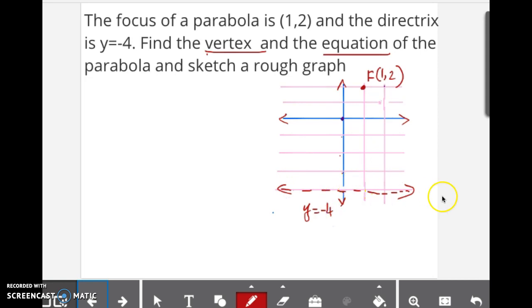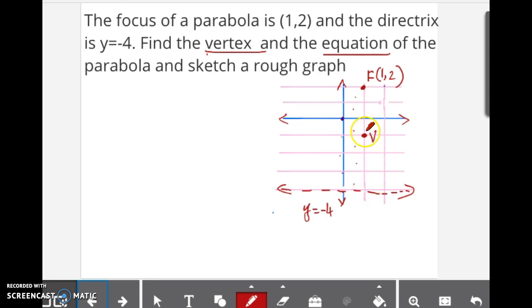So I know that the vertex must be right in the middle. The distance from the vertex to the focus is the same as the distance from the vertex to the directrix. When I count here, I have a total of 1, 2, 3, 4, 5, 6 units between them. So obviously 3 is the center, right there. This distance from the vertex up to the focus is 3, and from the vertex down to the directrix is also 3.